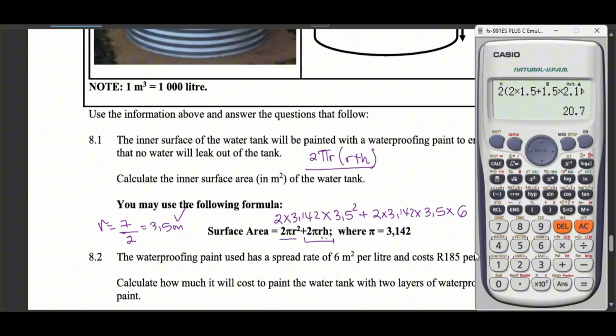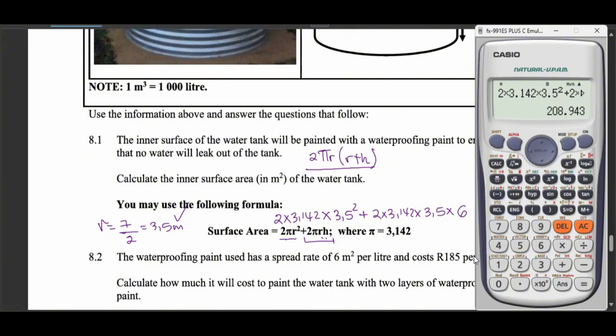You understand? 2, pi, r. 2, then 3,5, they're all there. We shall say 2 times 3,142 times 3,5 squared, plus 2 times 3,142 times 3,5 times 6.